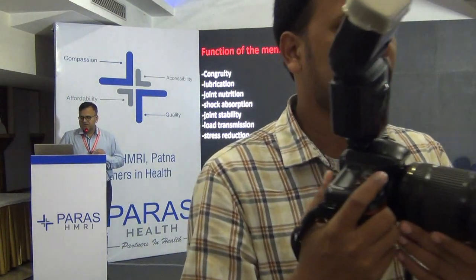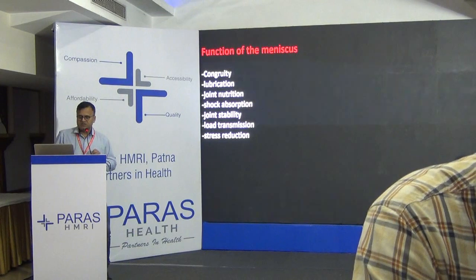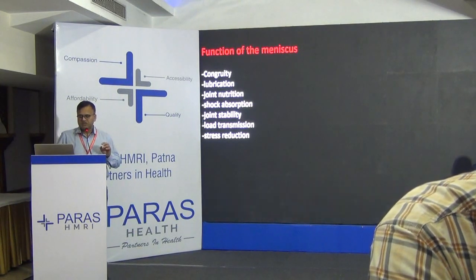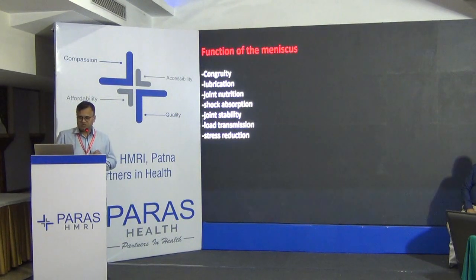The function of the meniscus is why it is important to conserve it, because it helps with joint congruity, lubrication, joint nutrition, shock absorption, joint stability, load transmission and stress reduction in the joint.